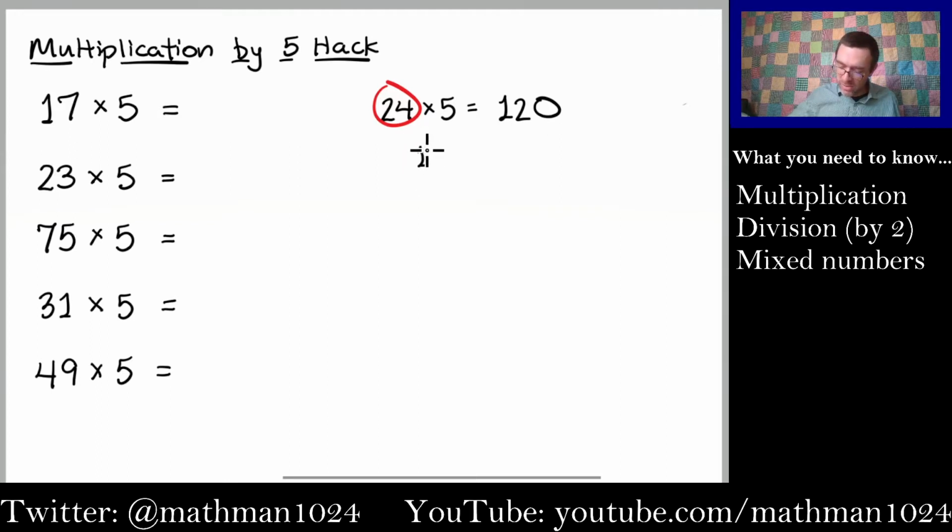So think about 17 over 2, and you can look at that one of two ways. 2 goes in there 8 and a half times, which you can also see as 8.5. The 8 and the 5 are part of our answer. In fact, that is our answer. The answer here would just be 85.